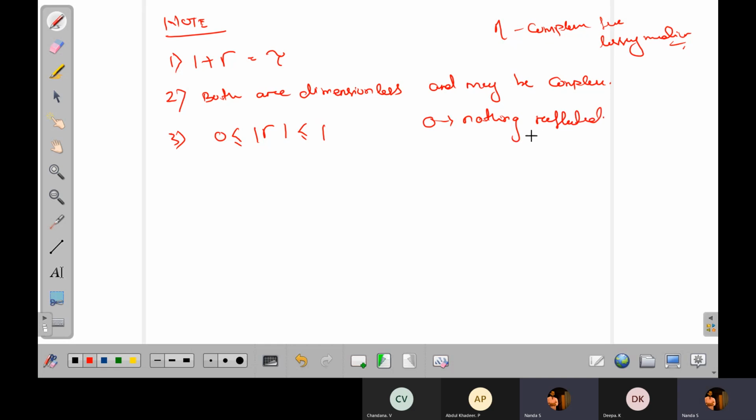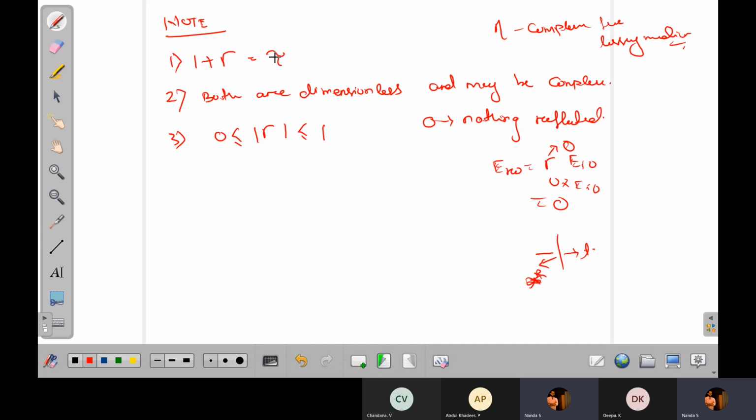Nothing reflected means your ER0 equals tau into EI0. So if this is 0, then nothing is reflected back, because 0 into the incident will give you 0 amplitude. So reflection will be 0 and everything will be transmitted. At that condition, in this equation, 1 plus 0 equals the transmission coefficient, so this value will become 1.